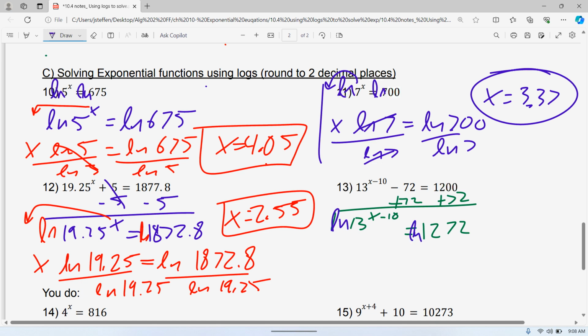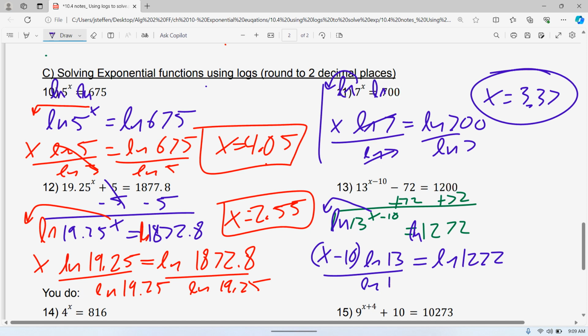That x minus 10 moves in front. Then again, just like before, divide by the natural log of 13. I'm going to run out of space here. Oh, I might have some room over here.